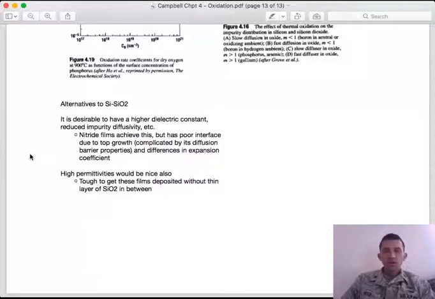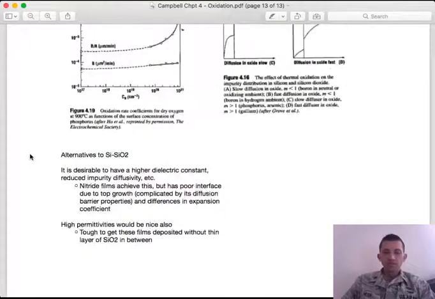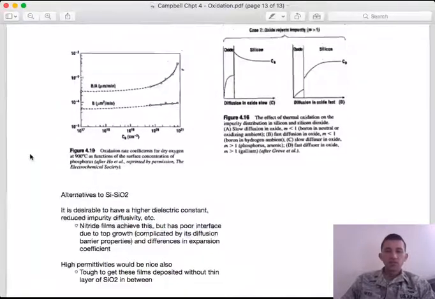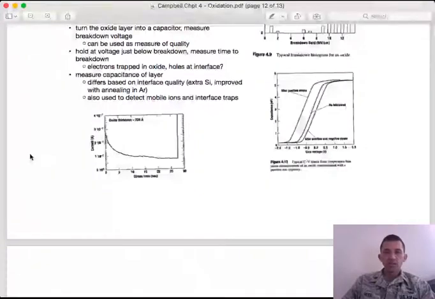It's tough to get silicon directly to these other films without a layer of SiO2 in between, because SiO2 forms rapidly. When exposed to any oxygen environment, you get a very thin layer, and it's tough to deposit without that thin layer forming.